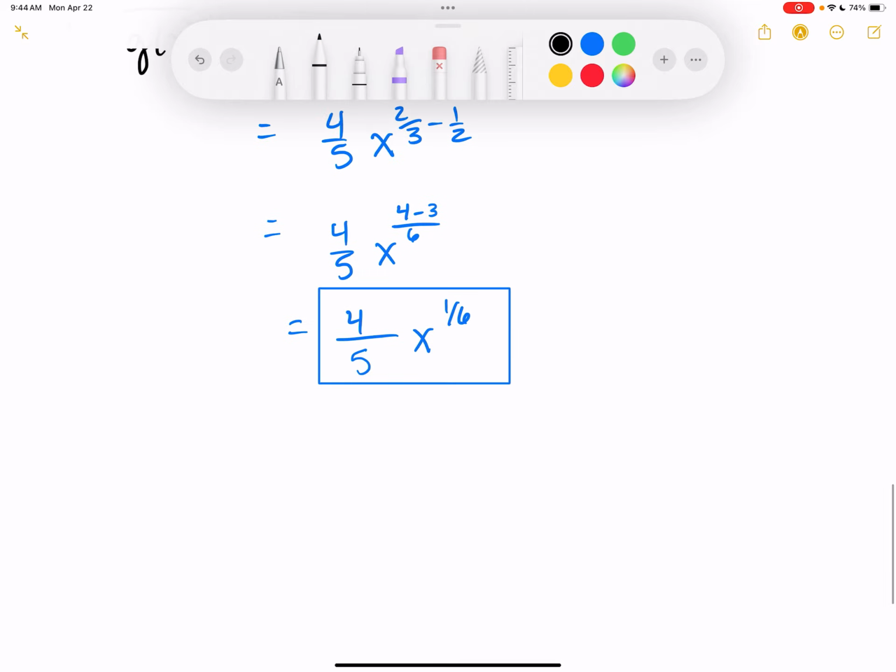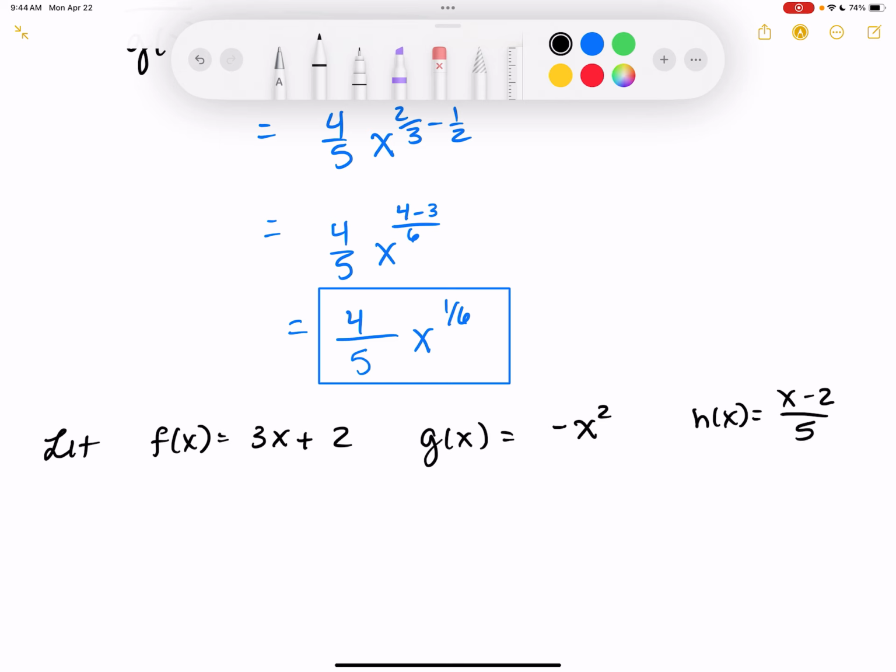For the first ones, they say let f of x equal 3x plus 2, g of x is equal to negative x squared, and h of x is equal to x minus 2 over 5. For 20, we've got f of g of negative 3.